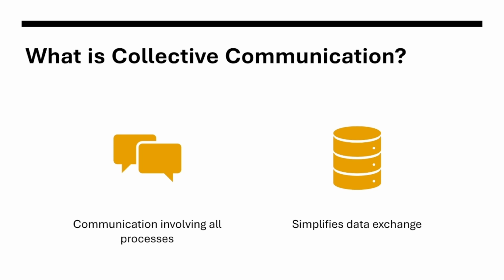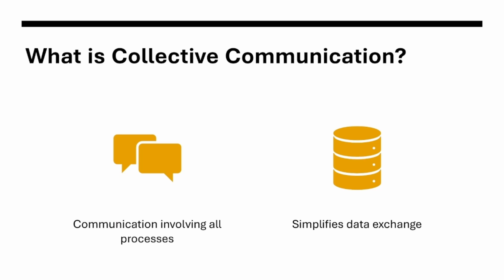Looking at the key characteristics of collective communication, all processes participate in the operation. It simplifies communication compared to point-to-point messaging, and is optimized for performance and scalability, which also reduces coding complexity.